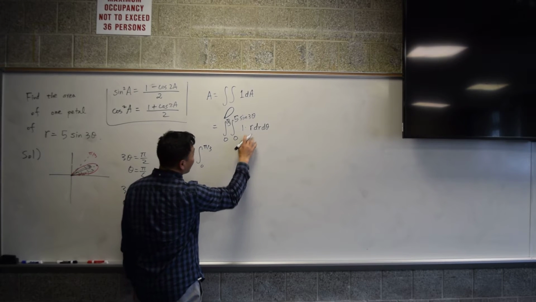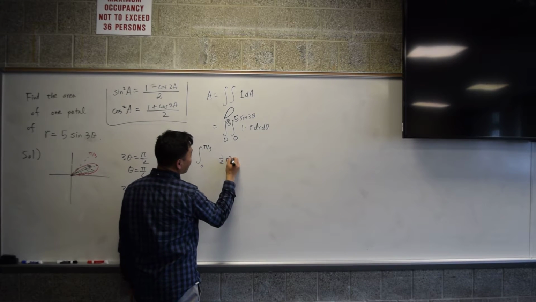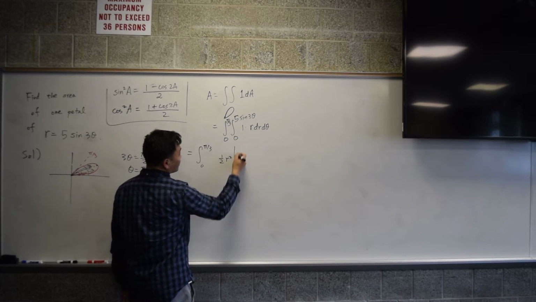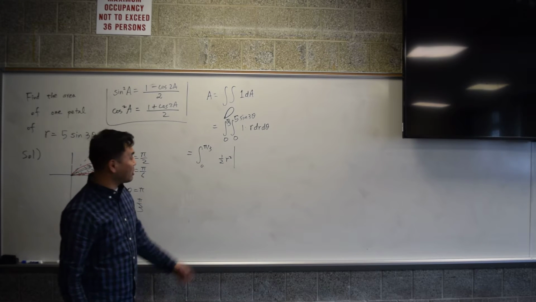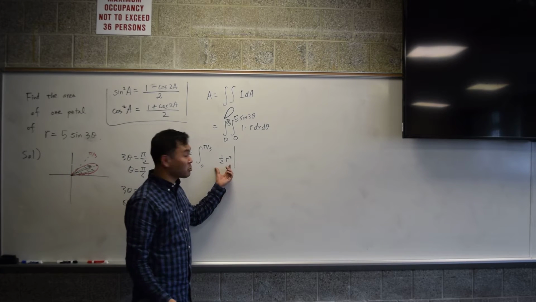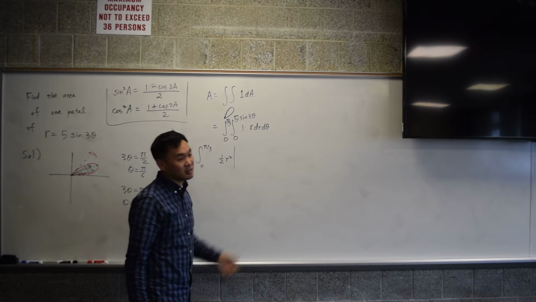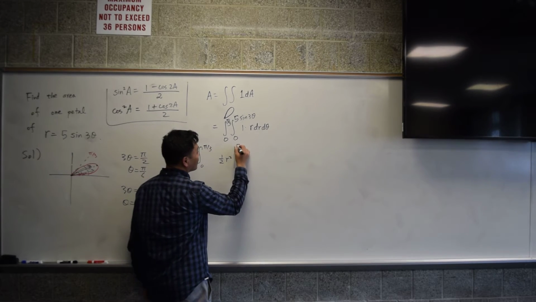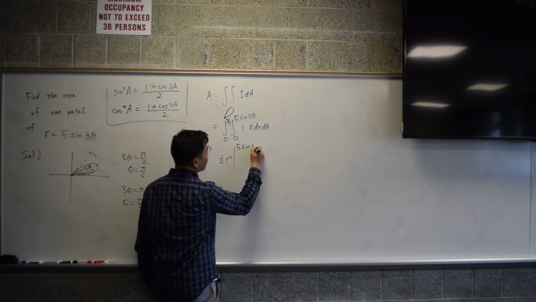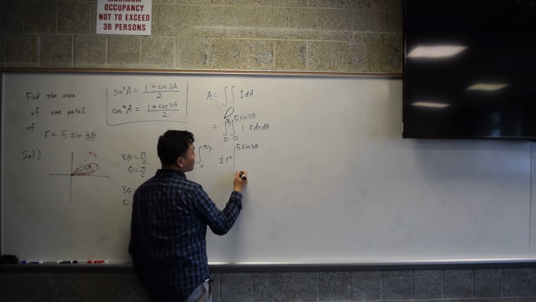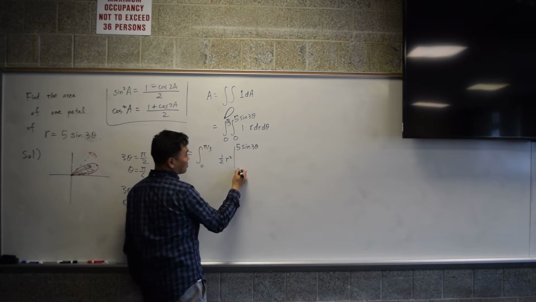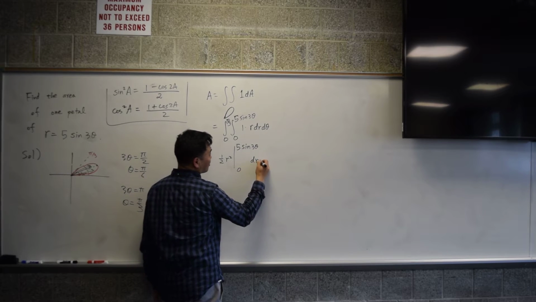Now if we integrate r, this is 1/2 r squared. And by the way, you probably know this by now that whenever we're just looking for the area, the thing that you integrate is just 1/2 r squared. But if you're looking for volume, it's not this one. So don't take that as a formula or something.